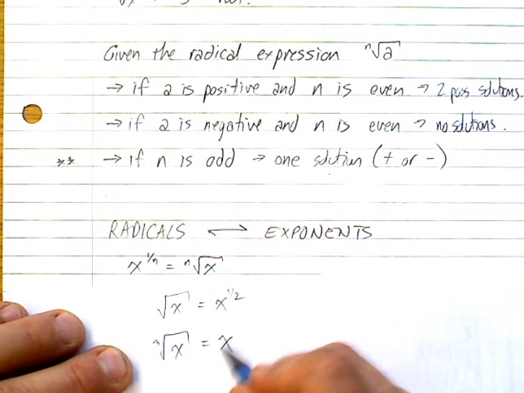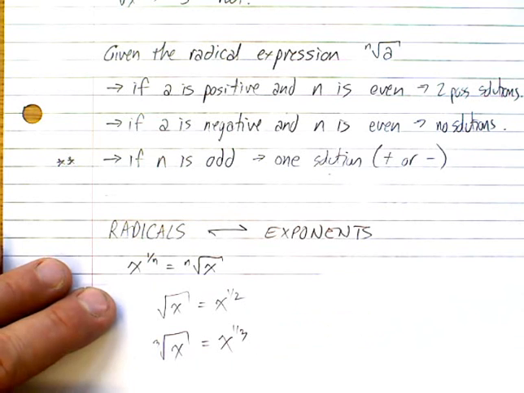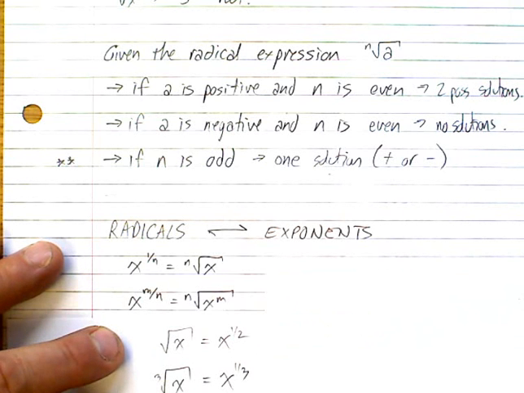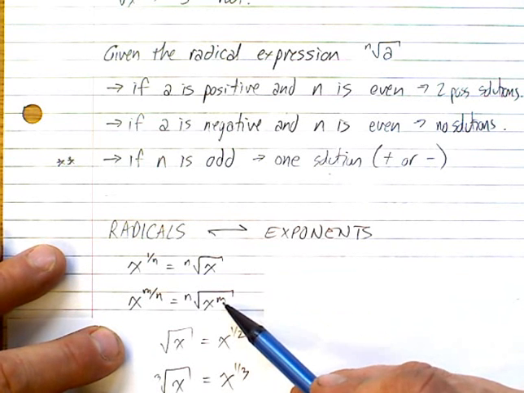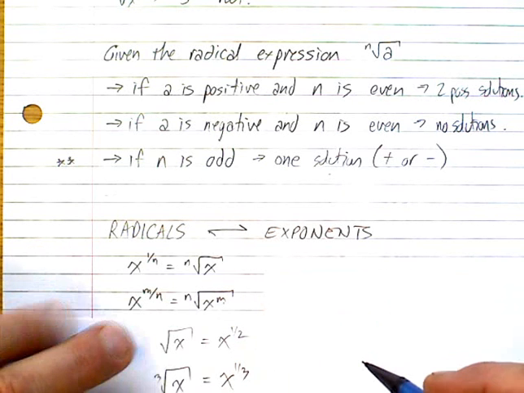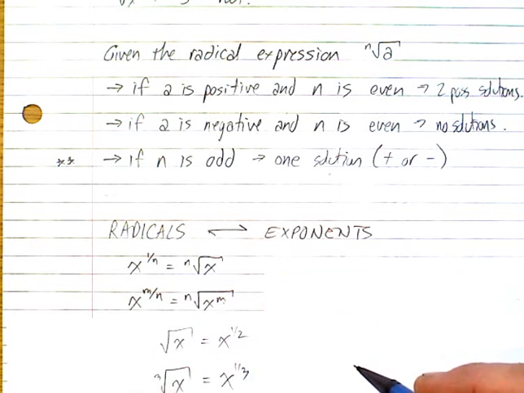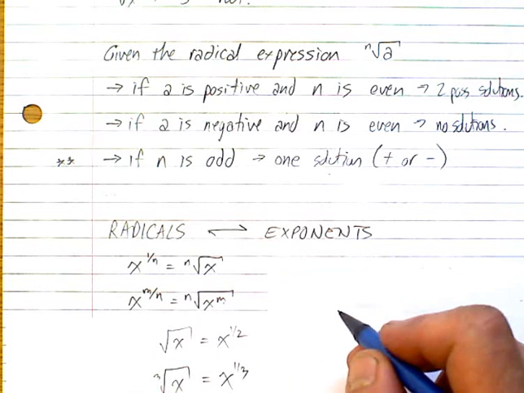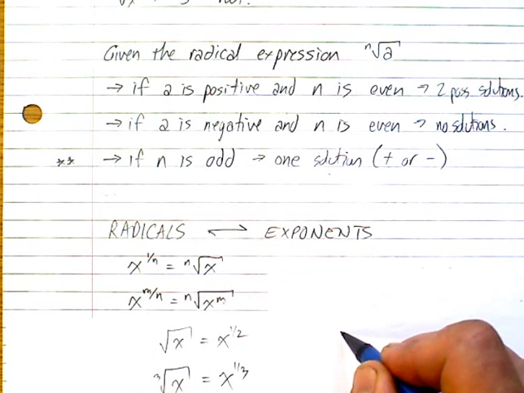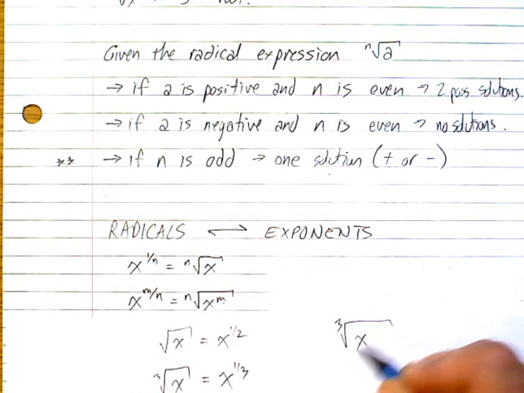Now what happens if there is a number on your exponent, or an exponent on your radicand? So in that case, for example, the cube root of x squared would be x to the power of 2/3.